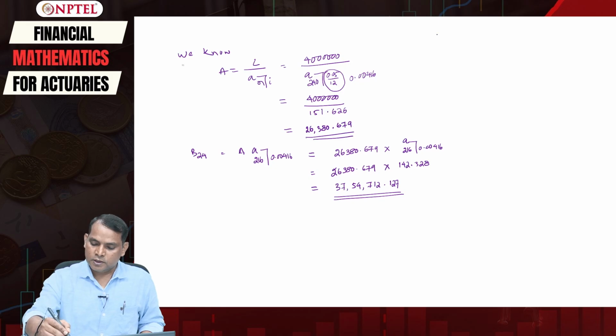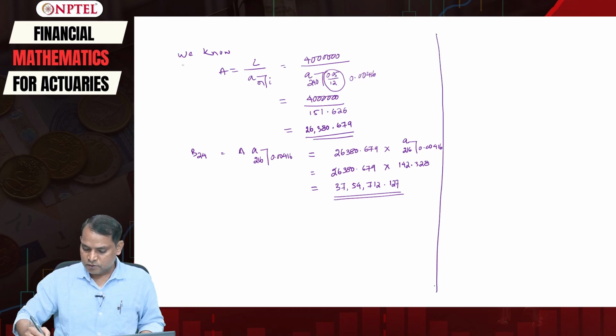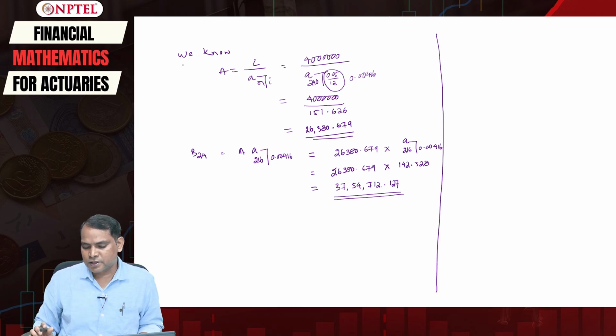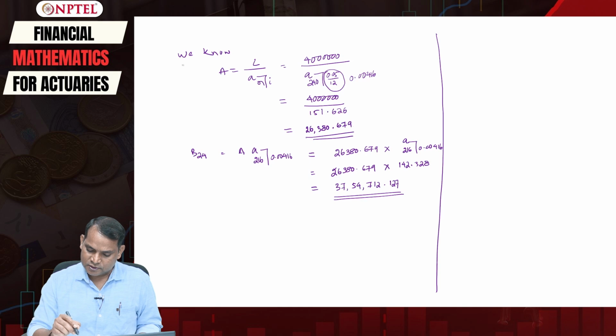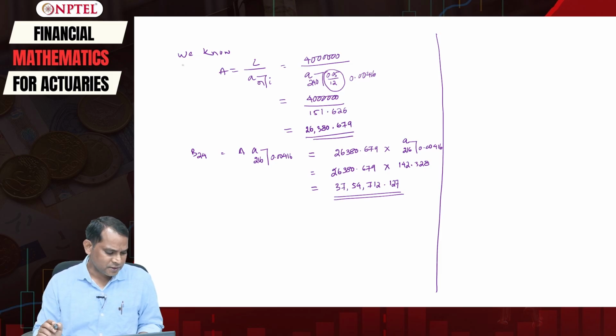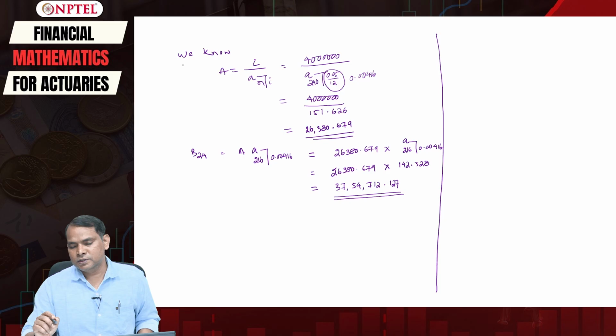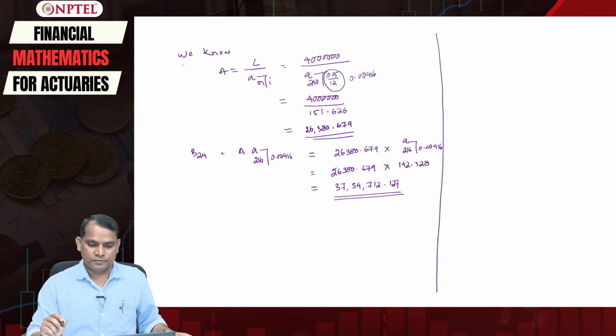Now you can use the retrospective method to get exactly the same value. This value may change a little bit because the decimal points we are considering here are actually only 3, but you can get exactly the same value if you use the retrospective method.